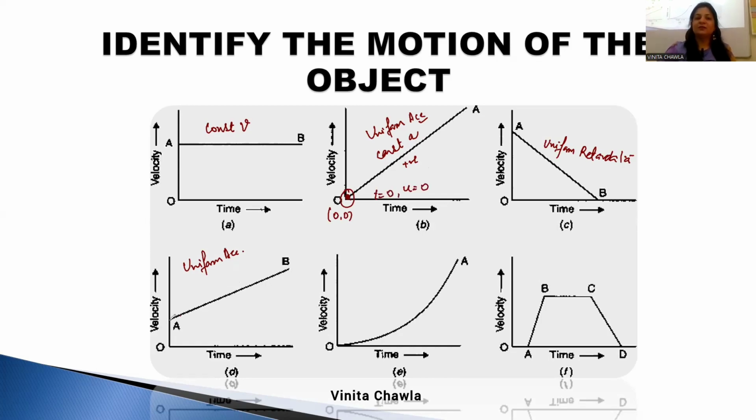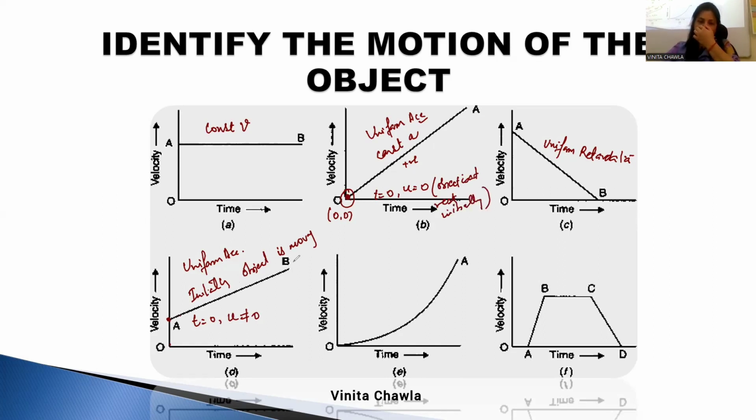But in this graph, at time t equals 0, velocity is not 0. So the object is not at rest initially. Initially, the object is moving. And here, initially, the object is at rest. This is the difference.